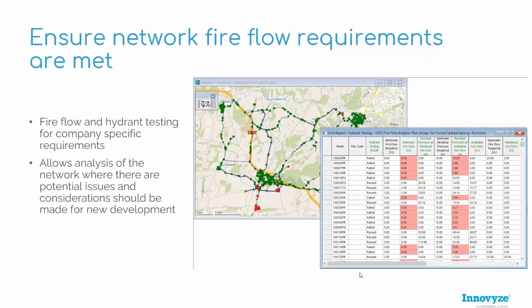So the first thing to touch on, which was something that was brought to light off the back of Grenfell, is really looking at the fire flow requirements that we have within our network. Not just ensuring that the network is resilient, but that we then have the resilience to support that function for the fire service.